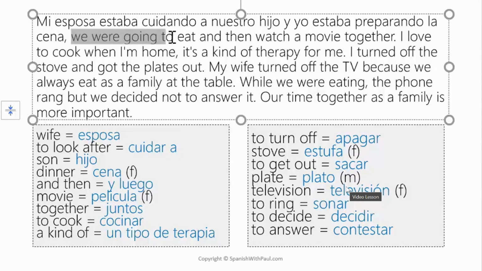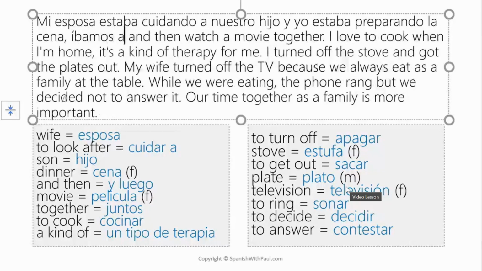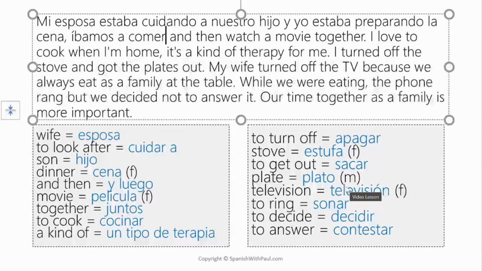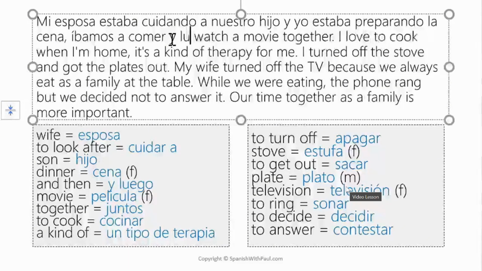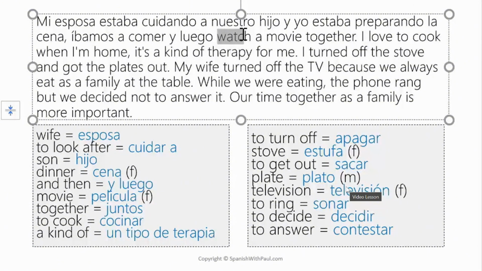We were going to eat. This is íbamos a comer. And then, y luego, watch a movie. So, see a movie together, ver una película juntos.